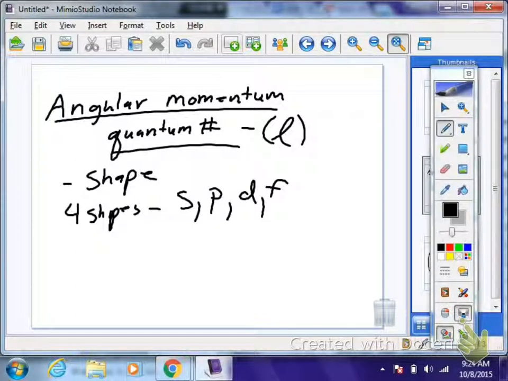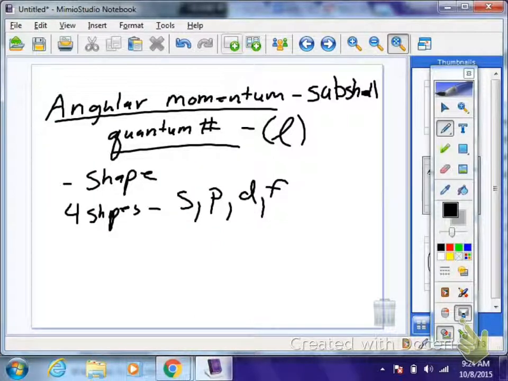Now, for principal quantum numbers, we can say energy level or shell. The angular momentum quantum number, we can talk about as what's called a subshell. So a shell within a shell, a subshell.